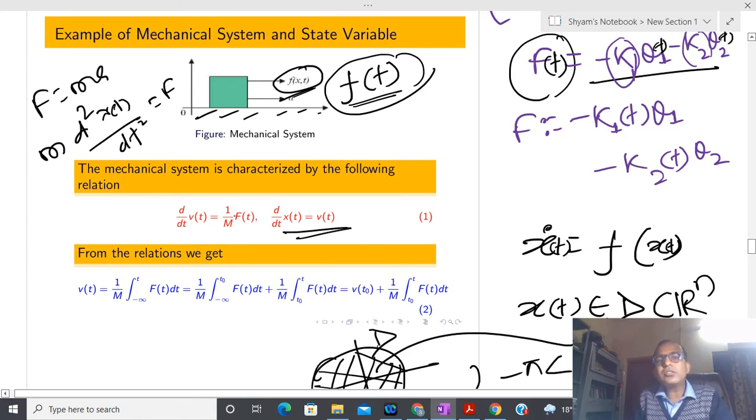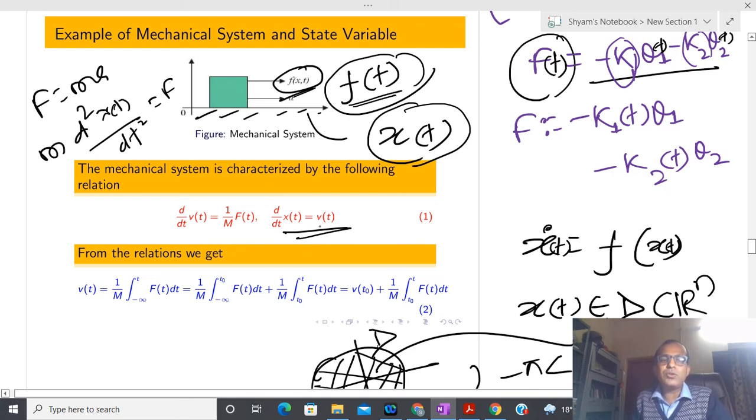Okay, now suppose I want to characterize how x(t) is evolving. In order to understand the evolution of x(t), what kind of information do I need? By solving this equation, because this is a second order equation, I can solve. Here you can see that in order to solve for V(t), I have to integrate this whole term.